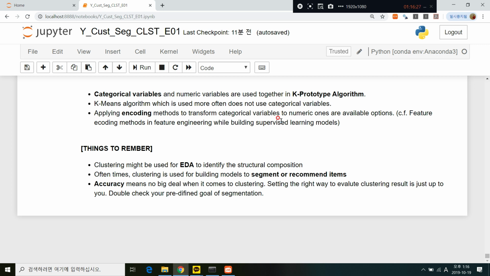Double checking is a must: compare the result with the predefined goals from the initial stage of the whole customer segmentation process. That's all. Okay, thank you.